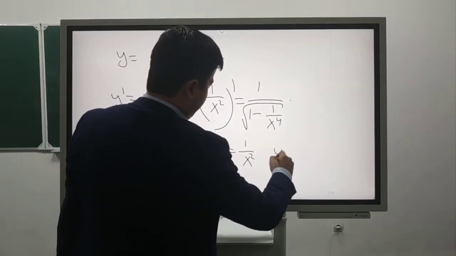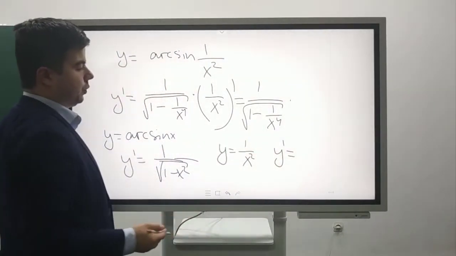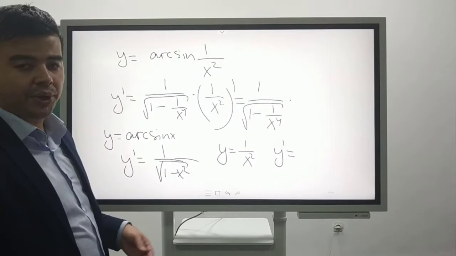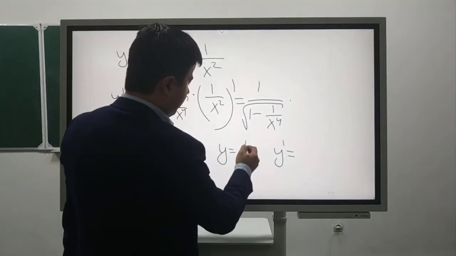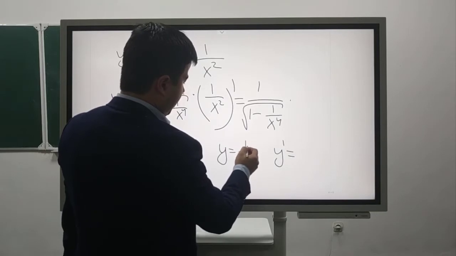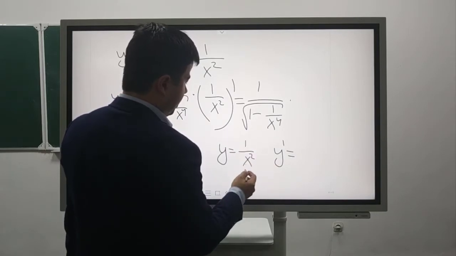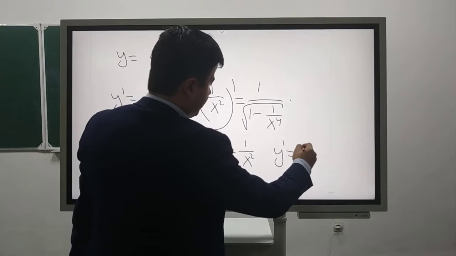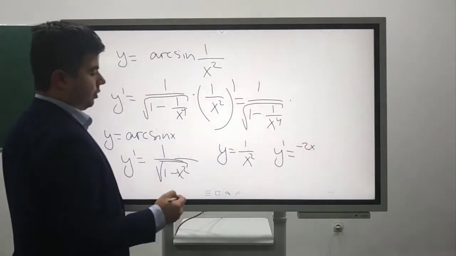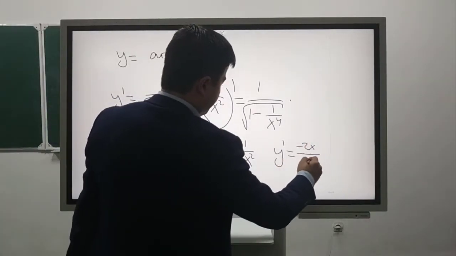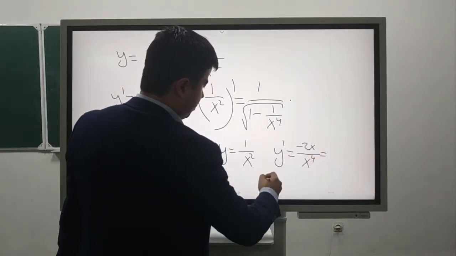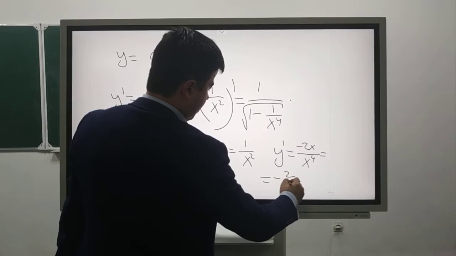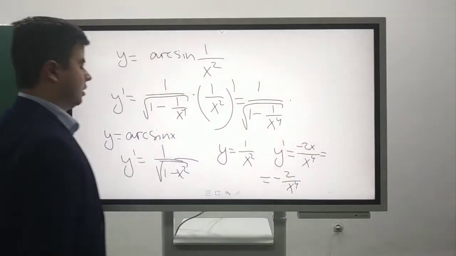We can use the derivative of a ratio of two functions. Here the derivative of the first one is just 0, the derivative of a constant, and minus 2x over x to the fourth degree, and then you have x cubed after cancelling this x.